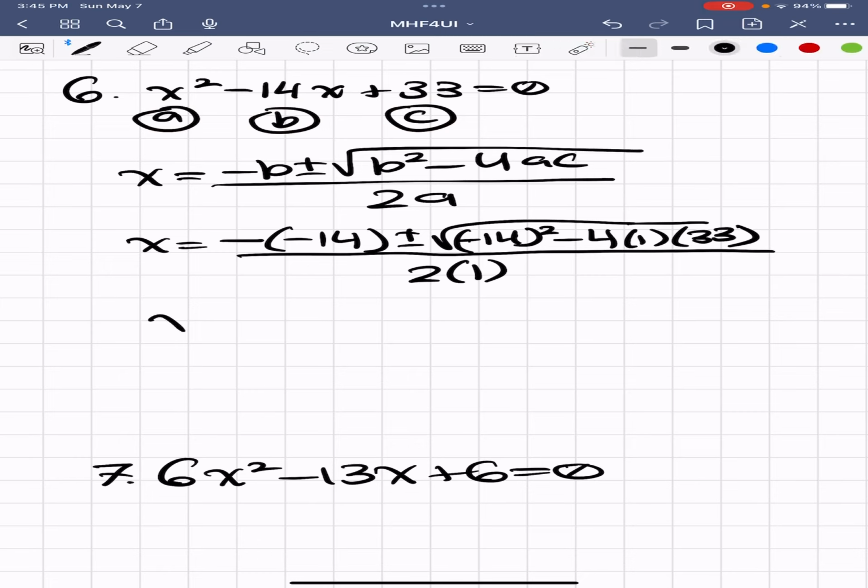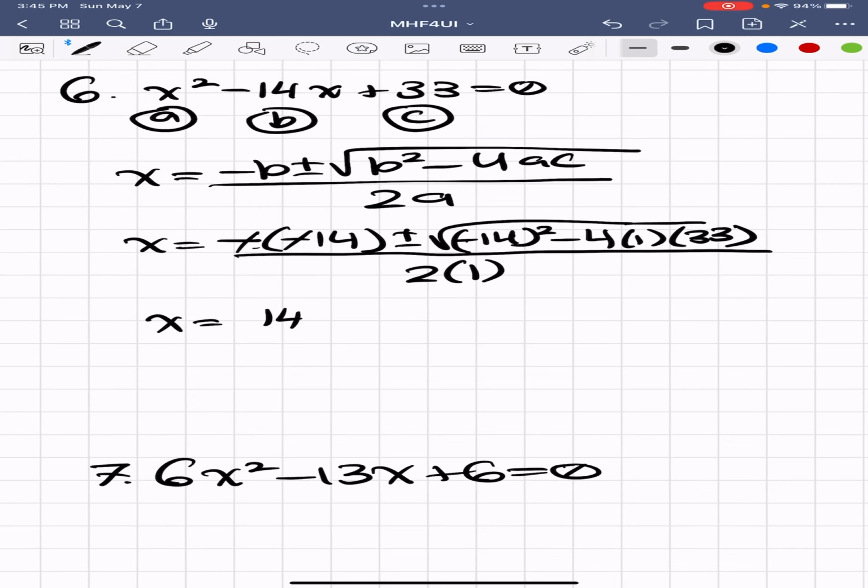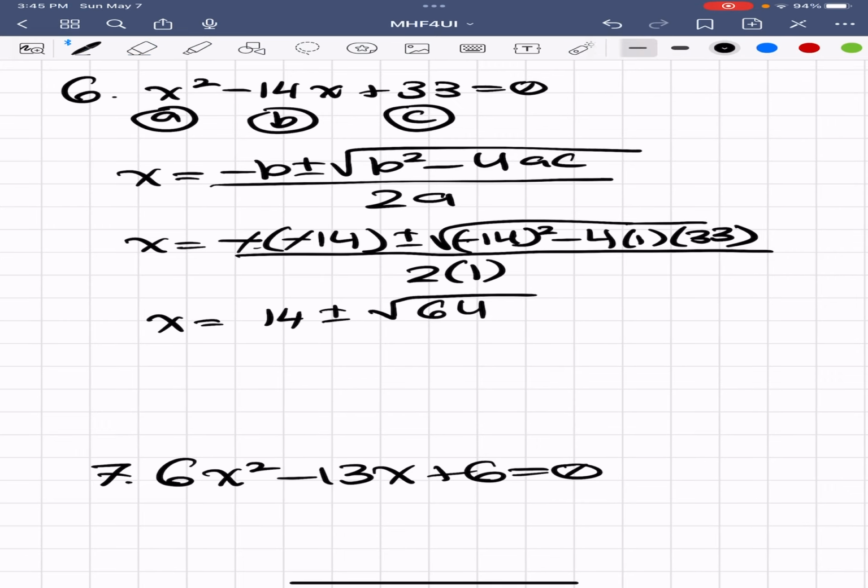Okay, so now we're going to simplify. These two negatives cancel out. Two negatives equal a positive, so 14 plus or minus the square root of 64. Actually, let's do that in more than one step. So, get out our calculators.